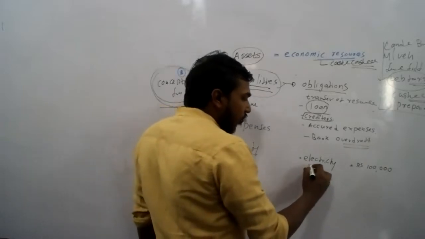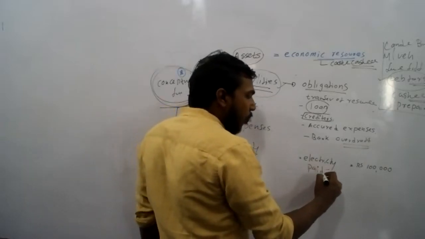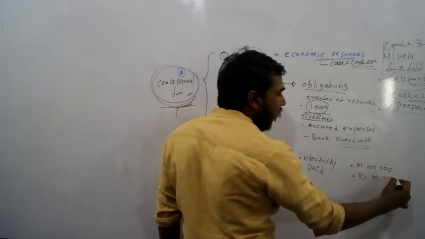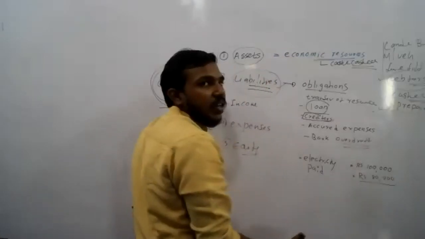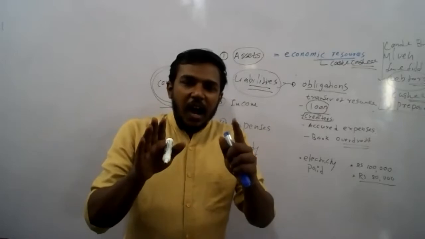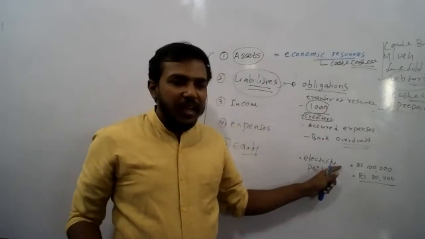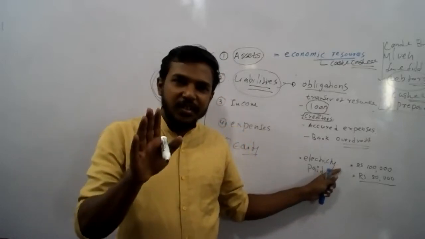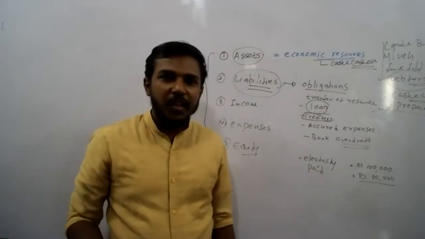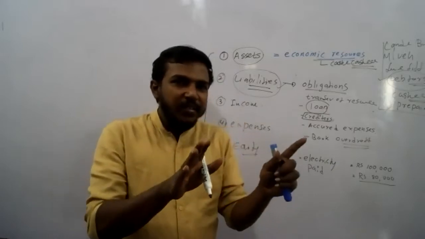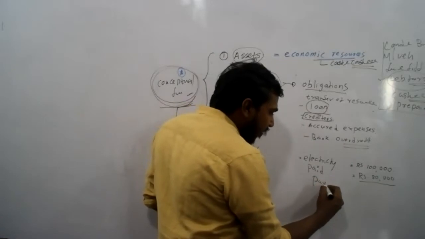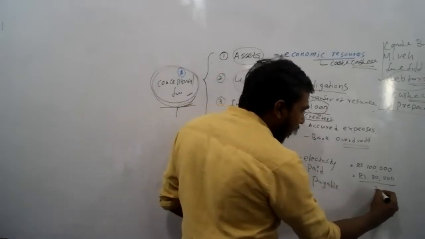Now, out of this electricity bill of 100,000, you have paid just rupees 80,000. So you have not paid the rest. That means there is a payable. Electricity bill payable is how much? 20,000.